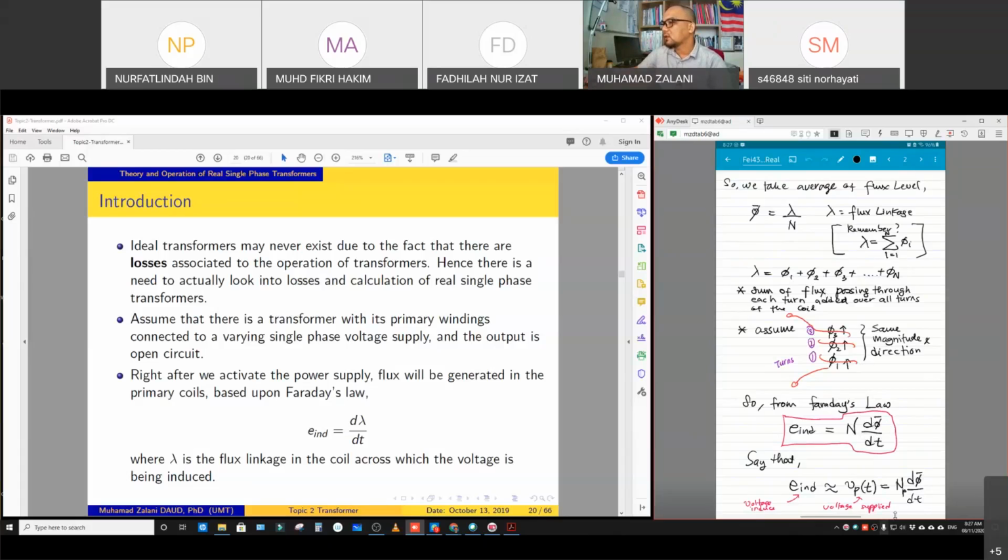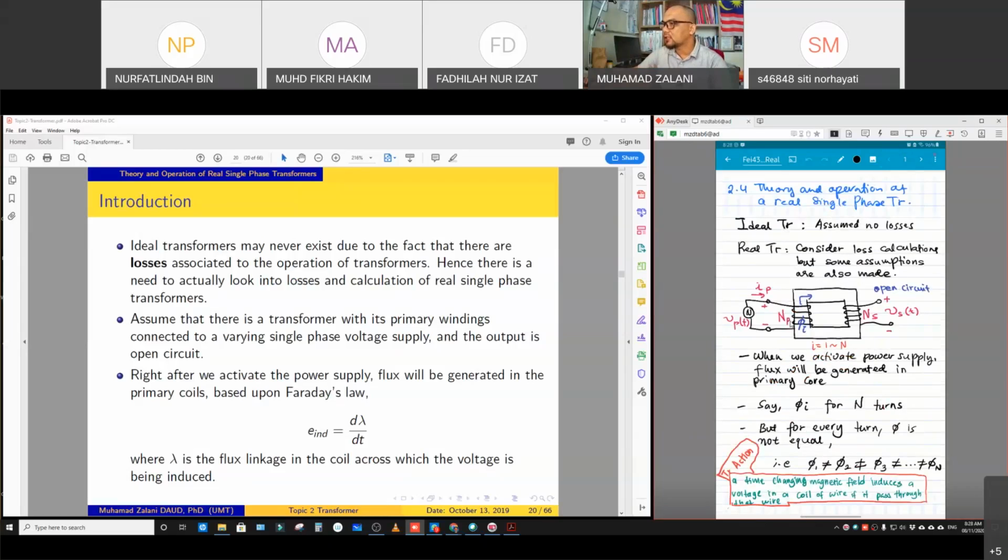So we get the average, d phi bar over dt, for the induced voltage inside the turns according to Faraday's law. And then we can assume that the induced voltage inside this coil is basically the same as the supplied voltage, which is Vp.